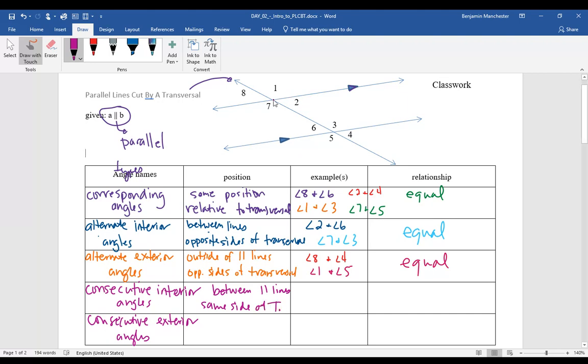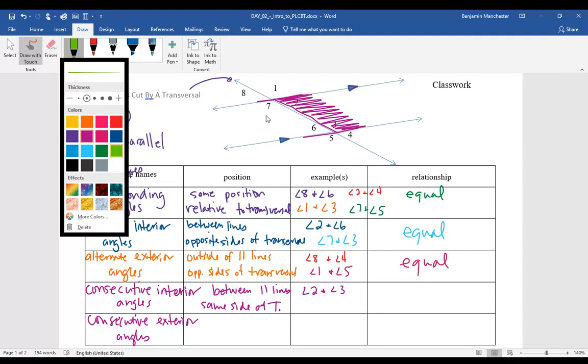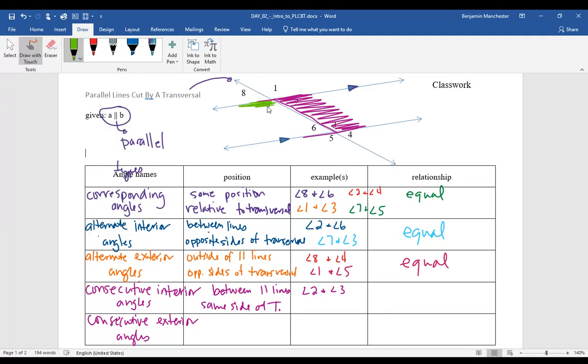Okay, so if this is your parallel line set here, and this is your transversal, then these ones, angle 2 and angle 3, would be a set of consecutive interior angles. Okay, they're on the same side and they're between. So I'm guessing you can guess what I'm going to do next, and that's color these other ones.